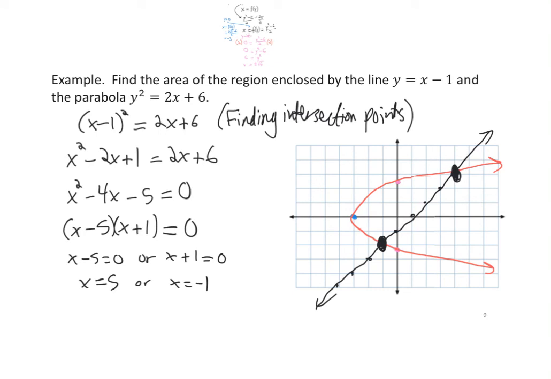Now what's weird here is I could set up an integral from left to right, and in that case I would have to figure out an expression for the top curve and an expression for the bottom curve. They both happen to be the same curve, but when they're determined in terms of y.